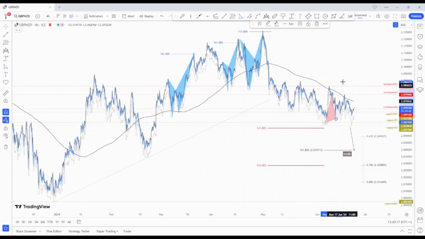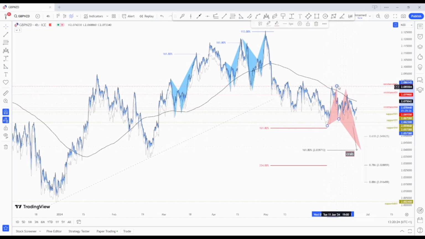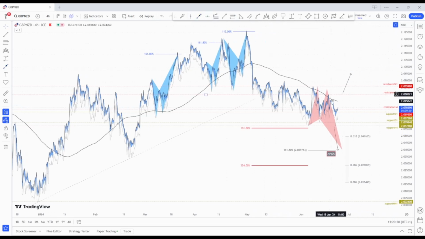Of course, for that pattern to emerge, we need to see a broken support level. If the price breaks above this resistance, of course, that sequence will no longer make sense. Of course, it will no longer be possible to form this harmonic pattern.